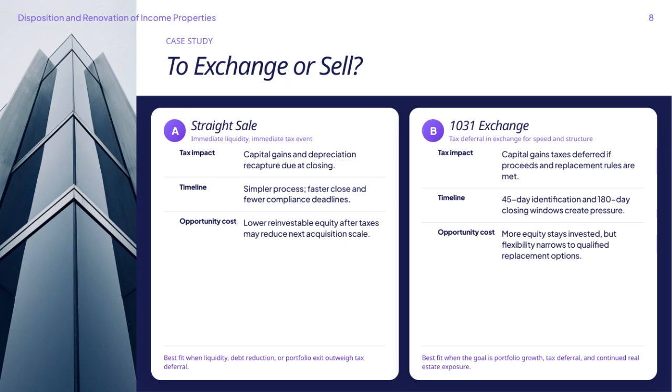While this approach keeps more equity invested and supports portfolio growth, it requires flexibility to choose qualified replacement properties and involves more structure. This option is best when your priority is tax deferral and maintaining ongoing exposure to real estate investments. Each strategy has its trade-offs depending on your financial goals and timeline.